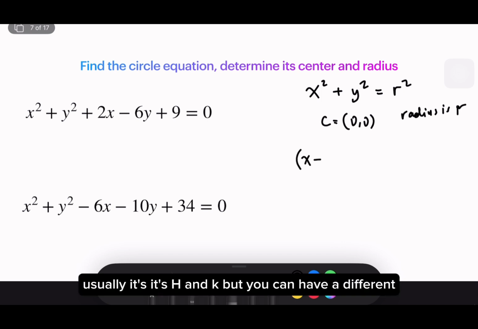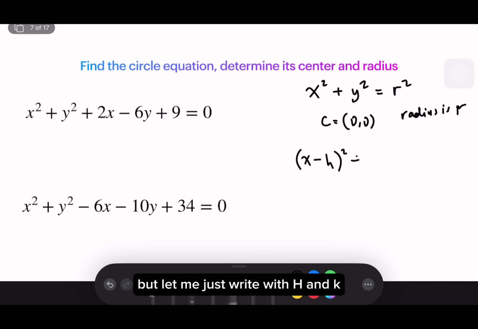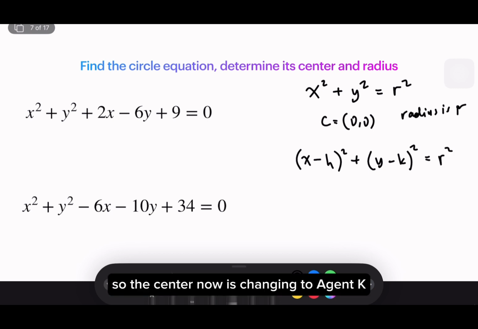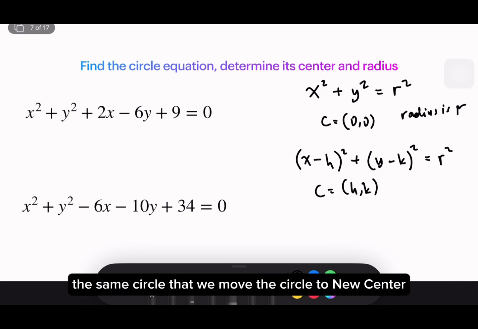Usually it's h and k, but you can have a different variable if you want. So the center now is changing to h and k. Is it the same circle? The same circle, but we move it to a new center.